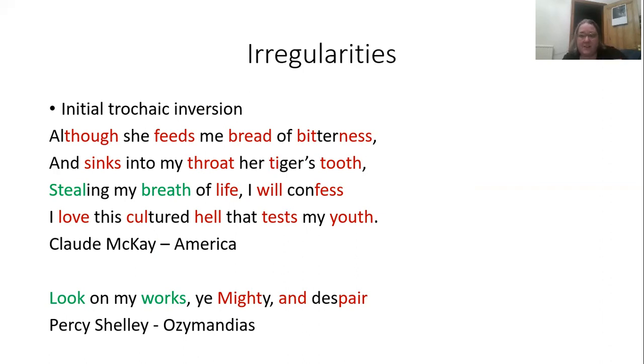But that first foot, there is an initial trochaic inversion, but here it's the emphasis, the command that is foregrounded. Look on my works. Look on them. So it is this kind of powerful voice being reflected in the meter of the poem. I'm hoping you're beginning to see how meter can really add layers and interest to our reading of poetry.